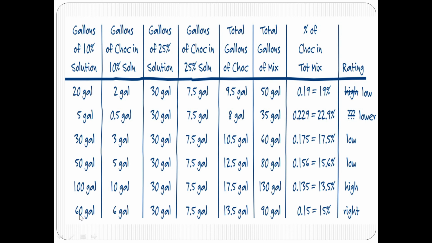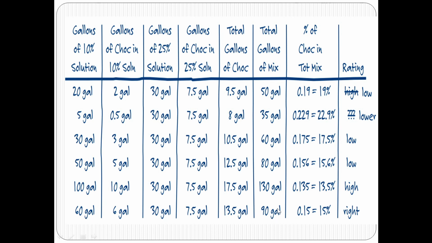So let's look at the last row. If you use 60 gallons of the 10% solution, 6 of the 60 will be chocolate because the chocolate concentration is 10%. So you will add the 6 gallons of chocolate to the 7.5. You will get 13.5 gallons of chocolate. This is the part. And the whole is the 60 gallons and the 30 gallons, which is 90 gallons.